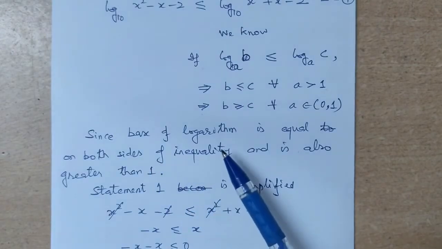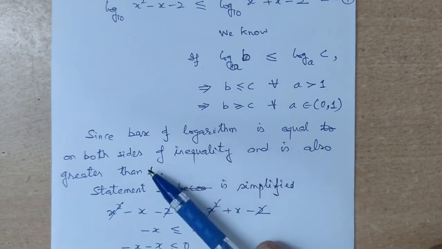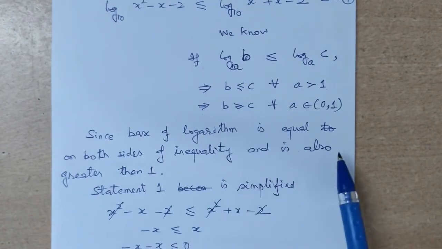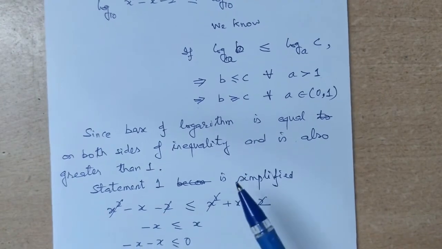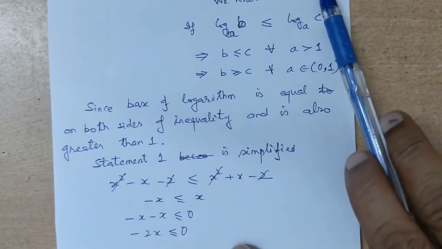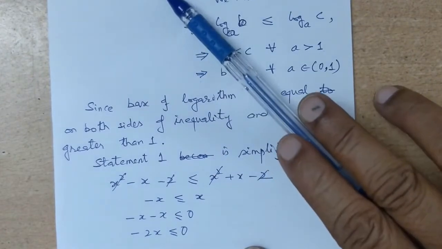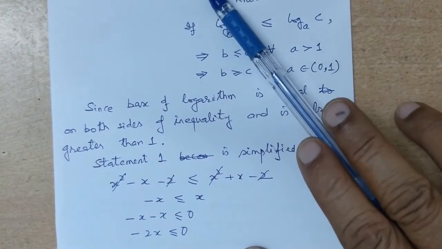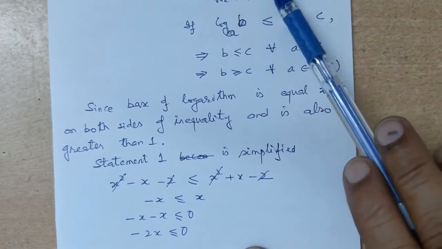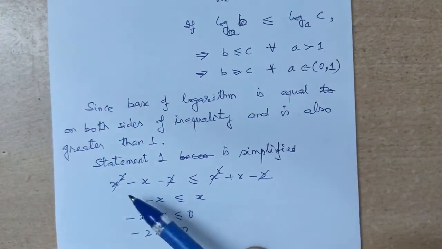Since the base of logarithm is equal on both sides of the inequality and is also greater than 1, the original inequality is simplified to x square minus x minus 2 less than or equal to x square plus x minus 2.